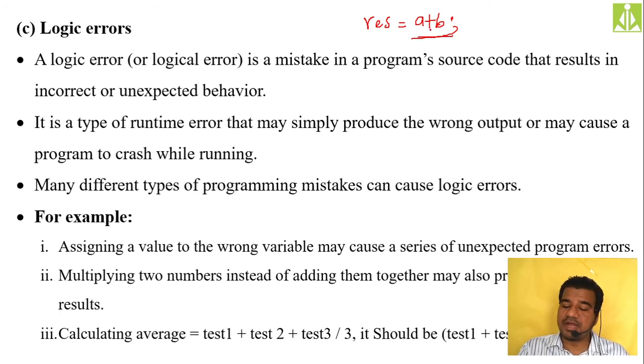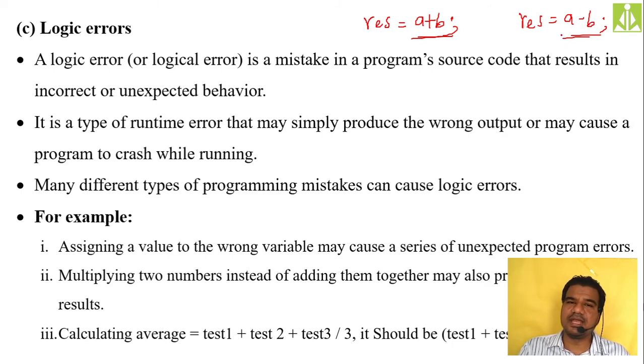Suppose instead of writing like this, I write result equals a minus b. So am I committing any syntactical error over here? No, I'm not committing any syntactical error. My intention of writing this statement is to add two numbers, but what I am doing is subtracting one number from the other. Isn't it? I'm not adding two numbers. So it is a logical error, not a syntactical error.